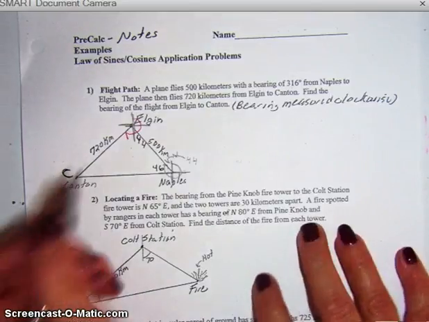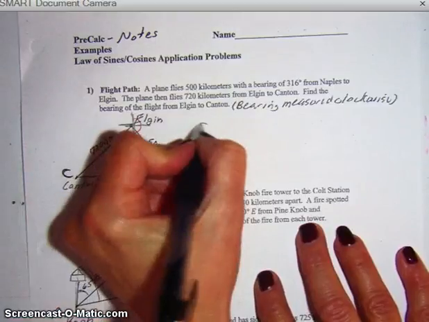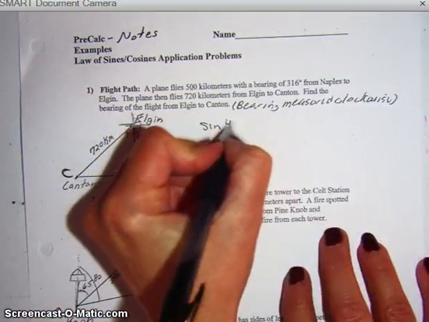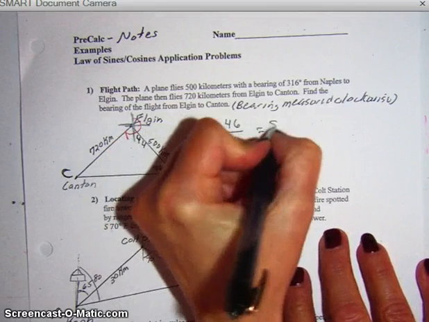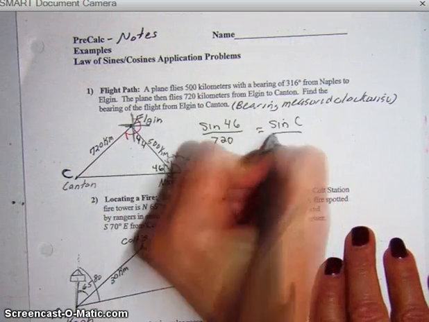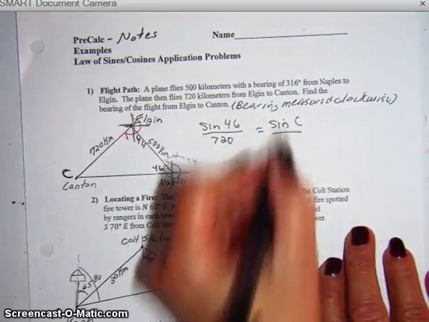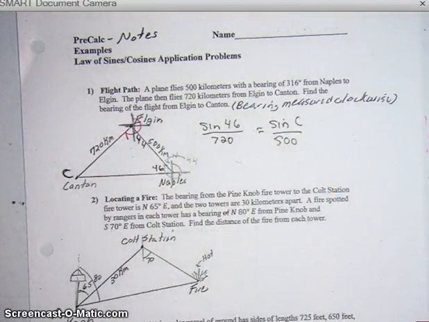Go ahead, Leah. Sine of 46 over 720 equals sine of C over 500. Okay. So go ahead and find angle C, guys.